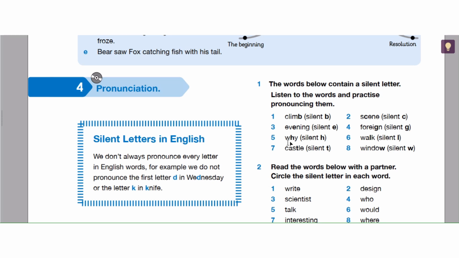Why. Number 6. Walk. L silent. 7. Castle. T silent. 8. Window. W silent.